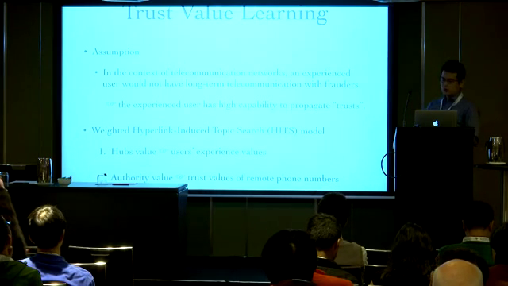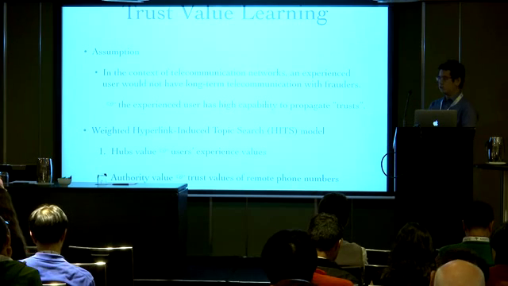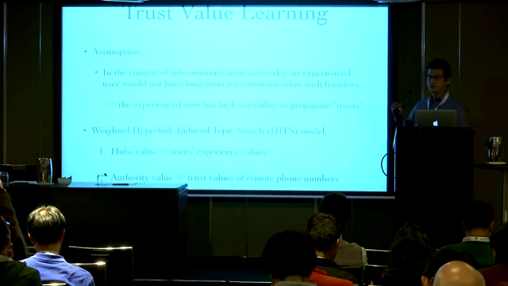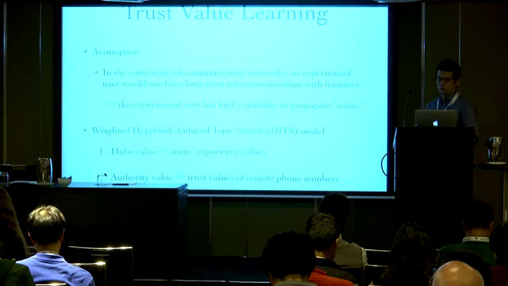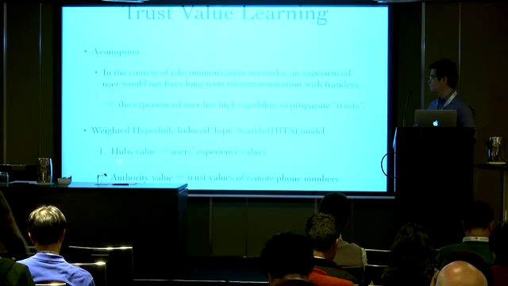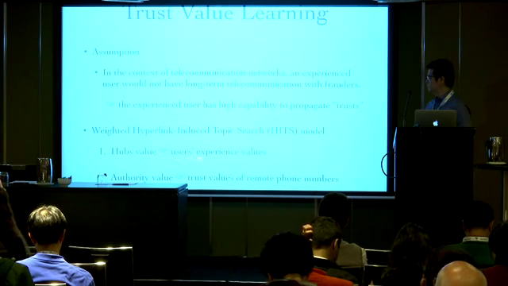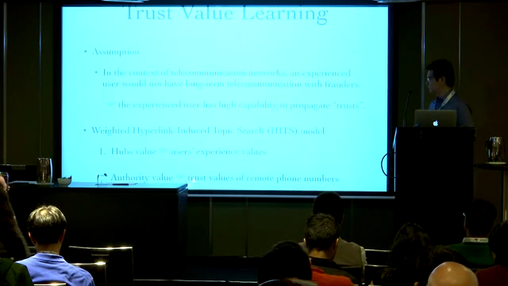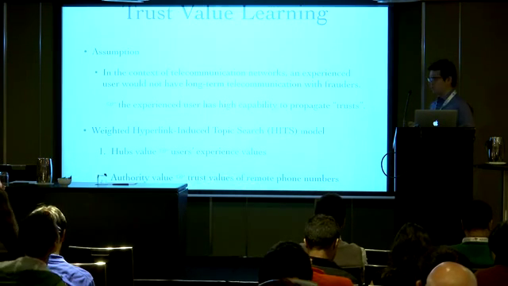So we can adopt the HITS model and perform it on the telecommunication network to learn the trust value of each phone number. Here we treat the hub value as the user's experience, and the authority value as the trust value of each phone number.